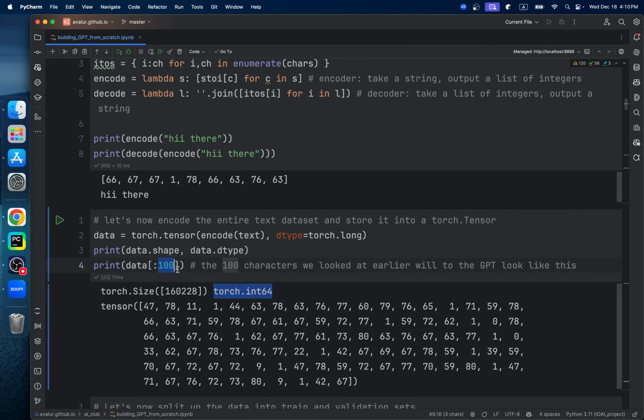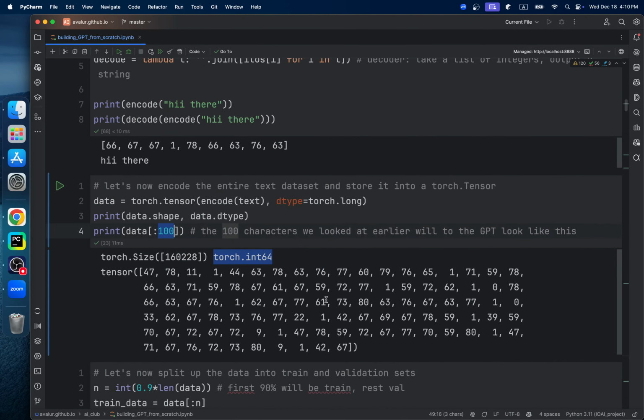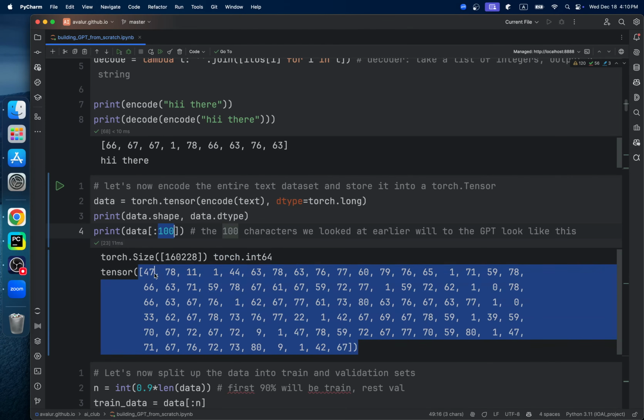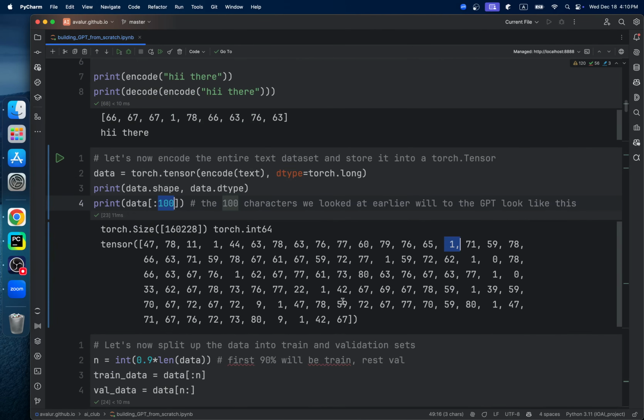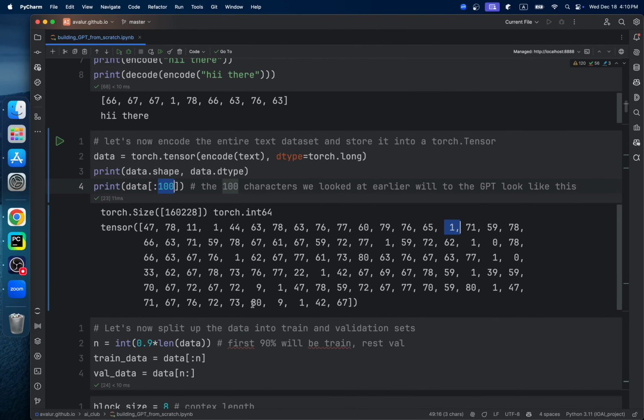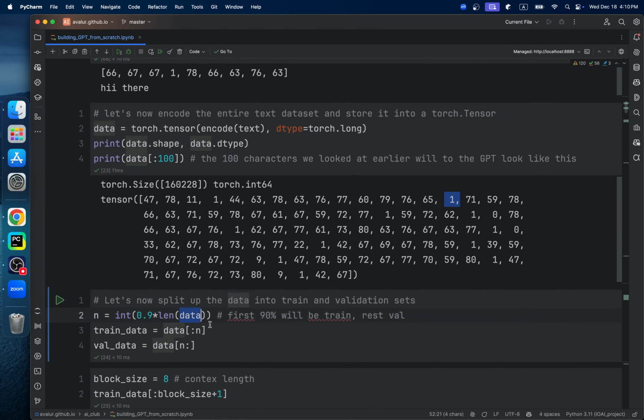The first 100 characters look like this. We see some characters, then a space, and again characters, a space, and so on. So we can understand what is going on, and this is our base, a very simple encoding of the input information. This is our data set for the training data variable.